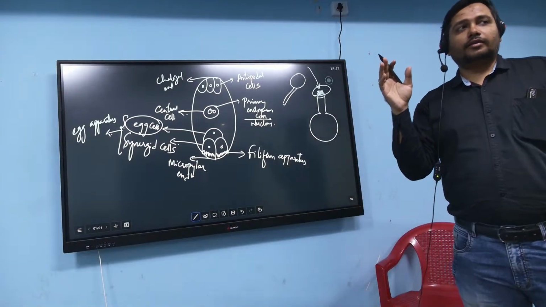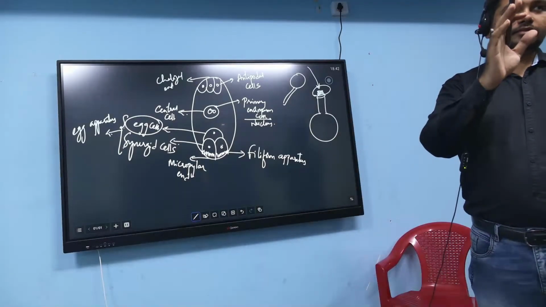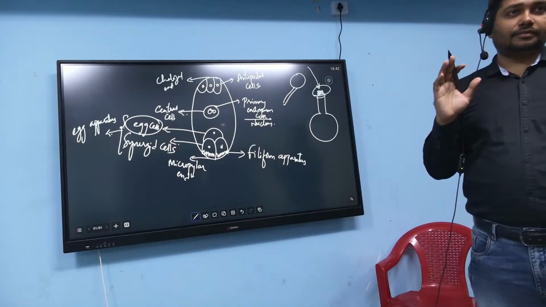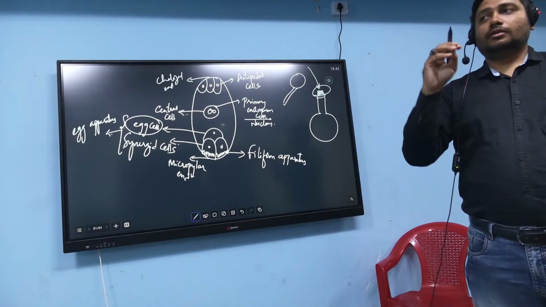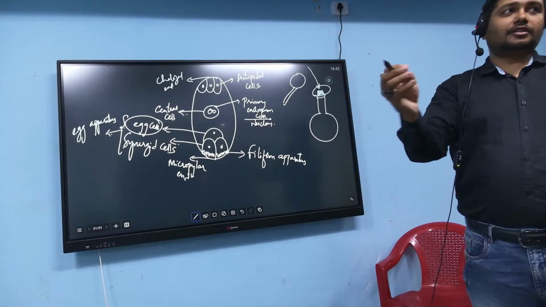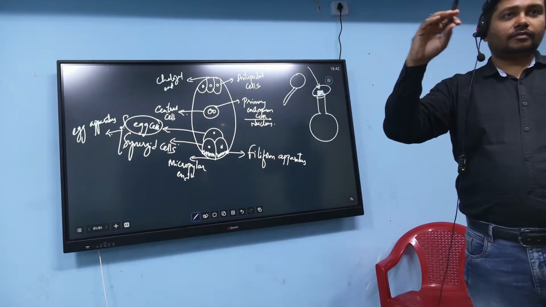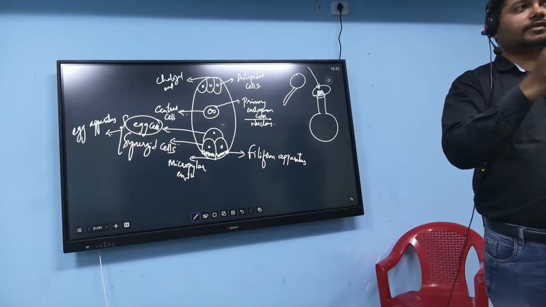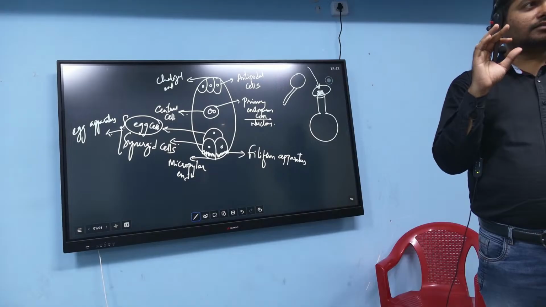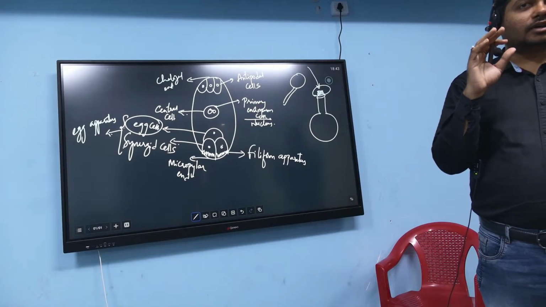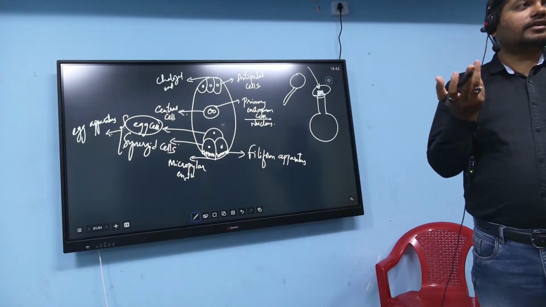Whenever the pollen grain is traveling, it comes in contact with the stigma. The transfer of pollen grains from the anther to the stigma of the flower is called pollination.